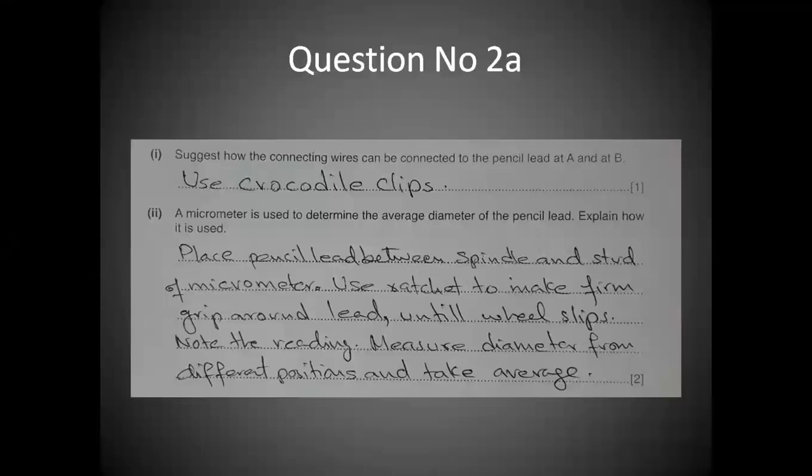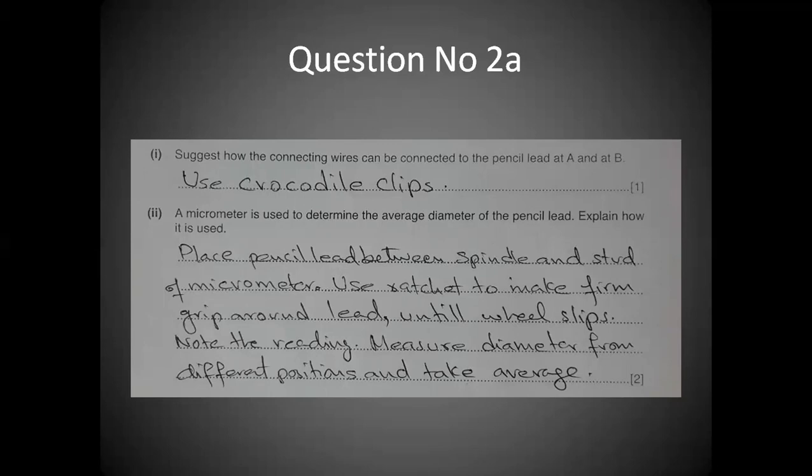When the spindle and the stud have gripped the lead, use the ratchet and rotate it until the ratchet's wheel starts slipping. Then it means that the spindle and the stud have a tight grip around the lead. Then take the reading from the micrometer, that will be the diameter.